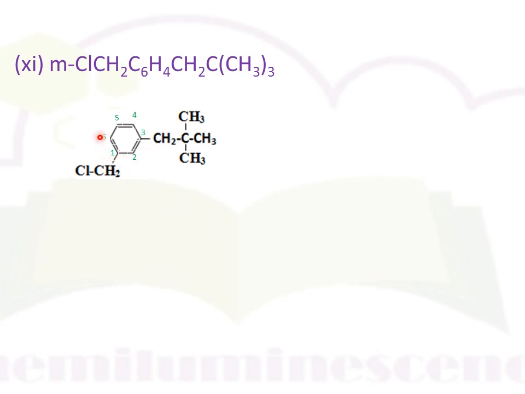If we go clockwise, this carbon will come at the 5th position, and 5th is a greater number as compared to 3rd. Hence we are going this way, so this carbon having the 3rd number is the one on which this group is attached.